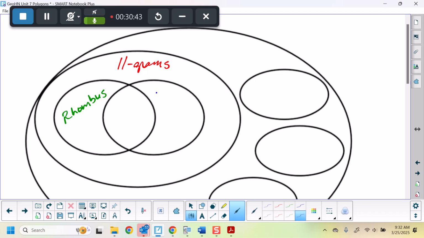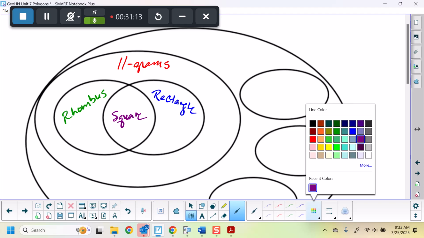We can talk about shapes that are equiangular and define them as rectangles. And then we can talk about our squares as being that center of the Venn diagram, having all of the properties. So whichever makes the most sense to you, whether we're talking flow chart or nested diagram, you want to make sure of those relationships.